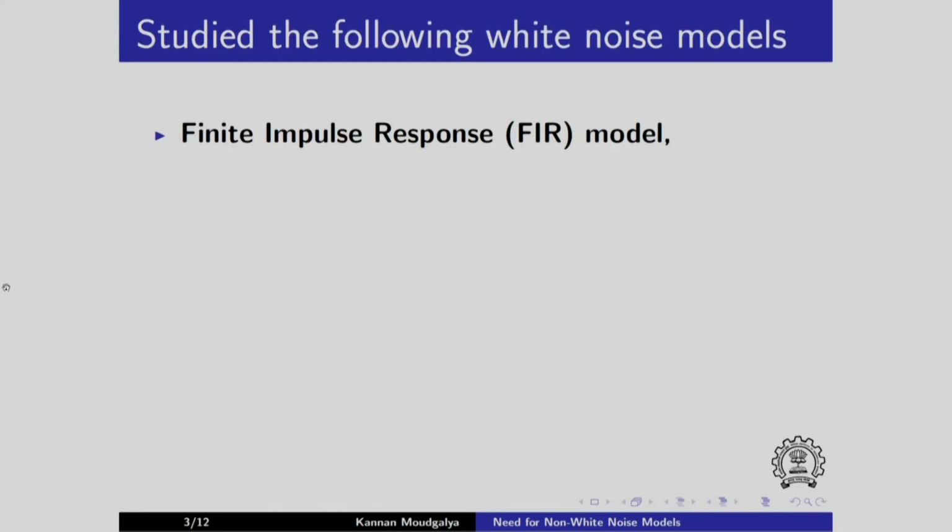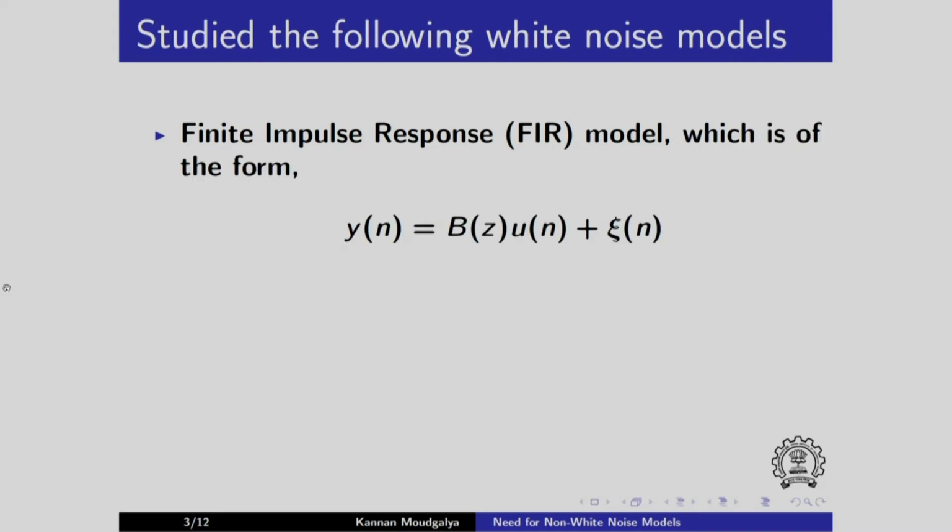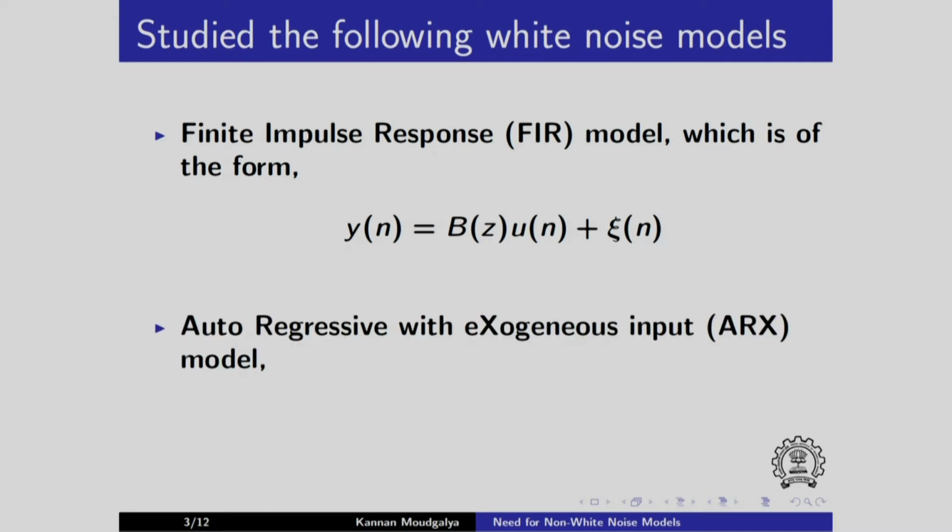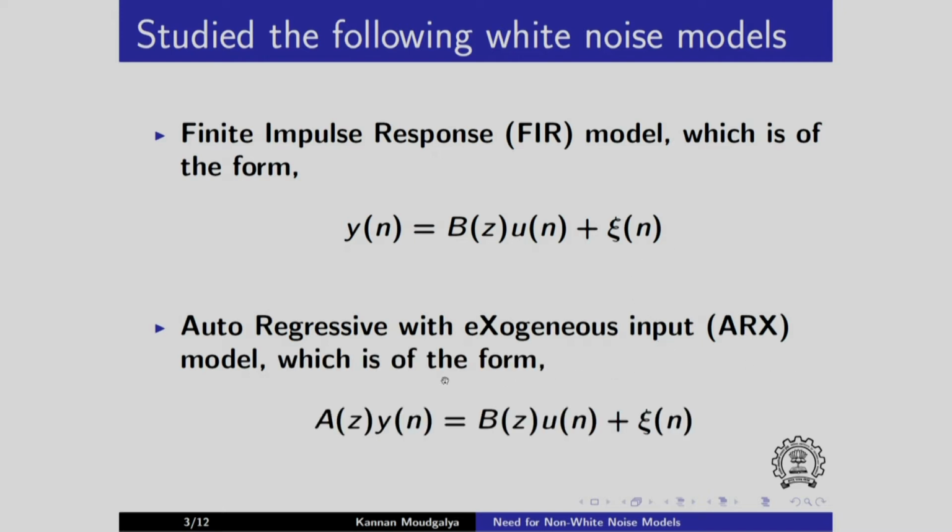We studied an FIR model, which is of the form given here, y[n] = B(z)u[n] + e[n], and then we have the autoregressive with exogenous input ARX model, which is of the form given here. This is the mixed notation, as we discussed earlier.